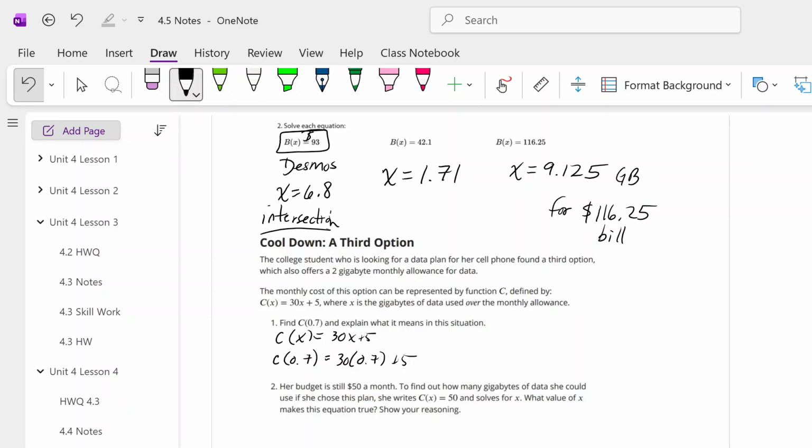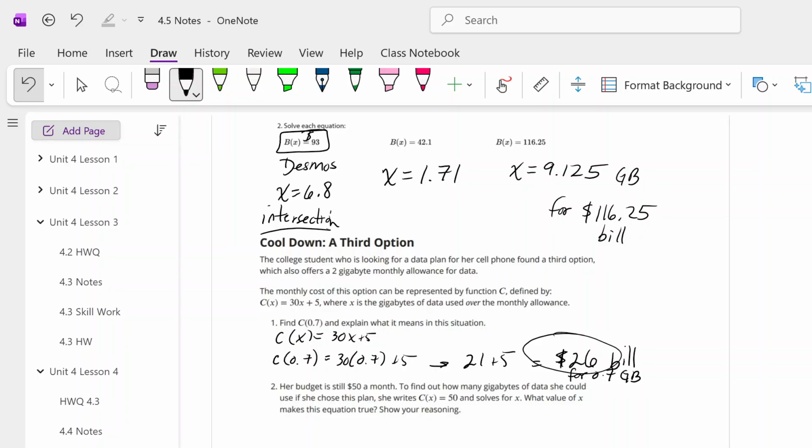Let's see. 7 times 3 will be 21, but we add the 0 for the 30, but we take away a 0 because of the 0.7. So I'm thinking this still just comes out to 21. So this is just going to be 21 plus 5, which is going to be a $26 bill if you use only 0.7 gigabytes. That's what we're saying: the input is 0.7, the output is 26. The input is the amount of gigabytes, the output is the cost, seeing as the monthly cost is given by C.